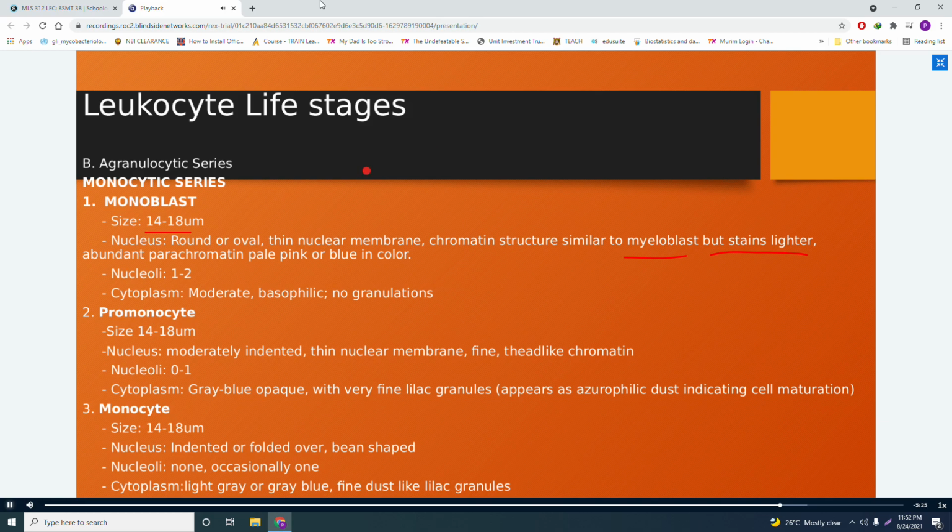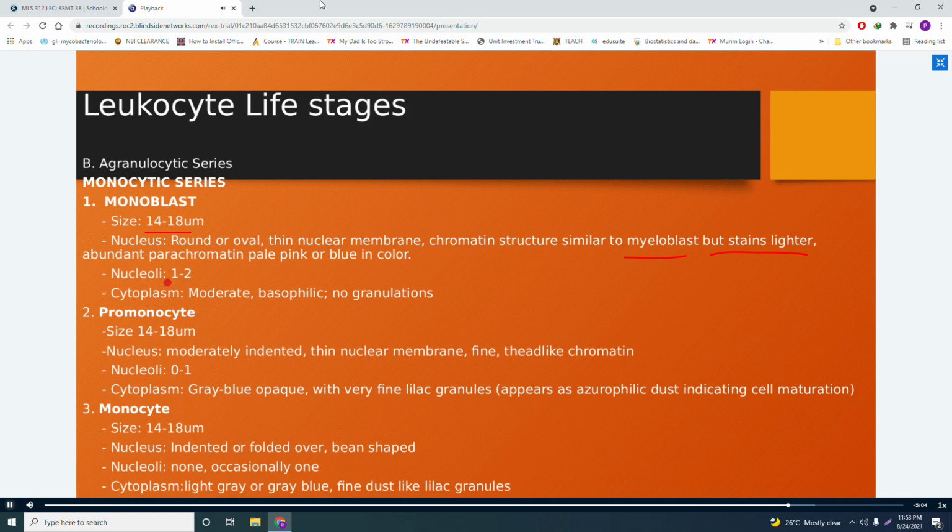Class, again, if you're asked, what cell has a similar chromatin structure with myeloblast? The answer is monoblast.